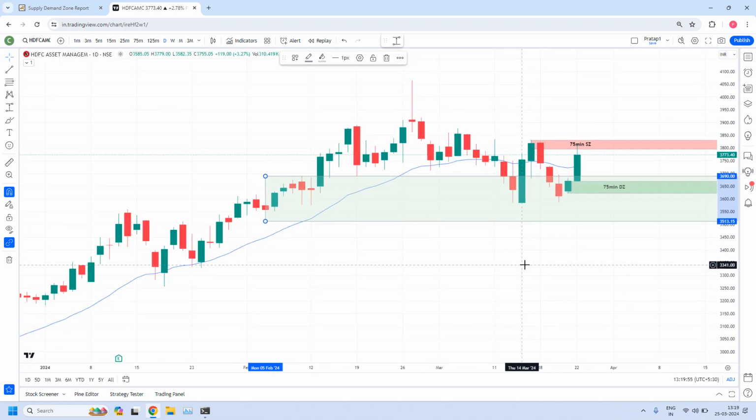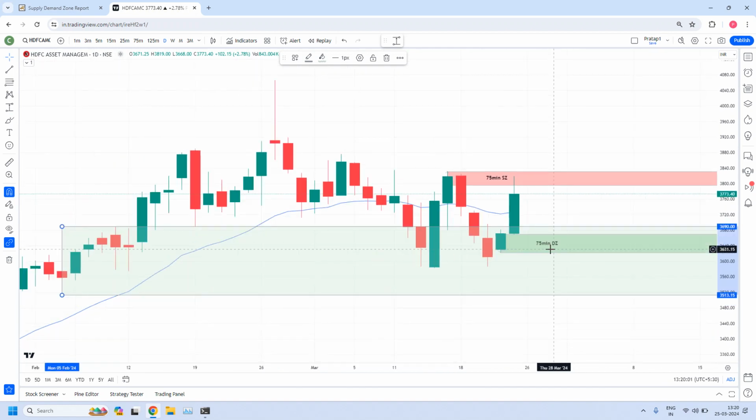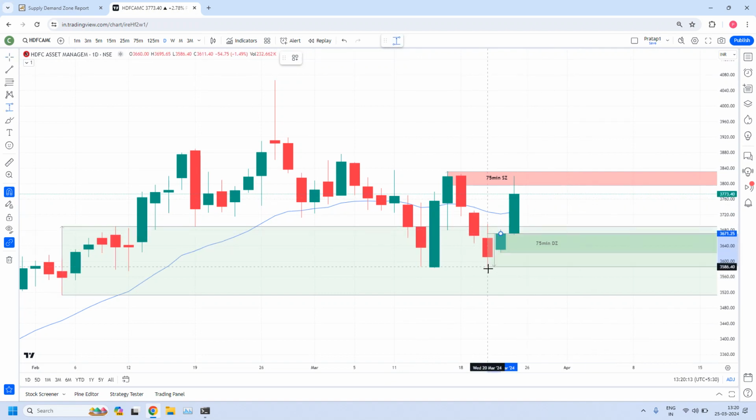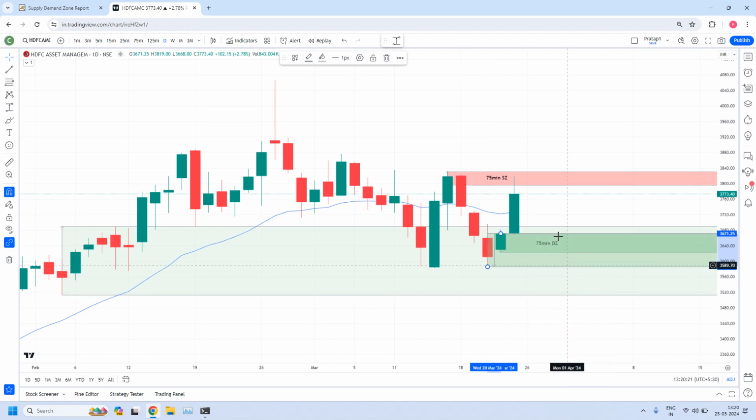And in the daily zone, we have a drop, 2 base candles and again a rally candle. Let us draw the daily zone. This is a daily demand zone.